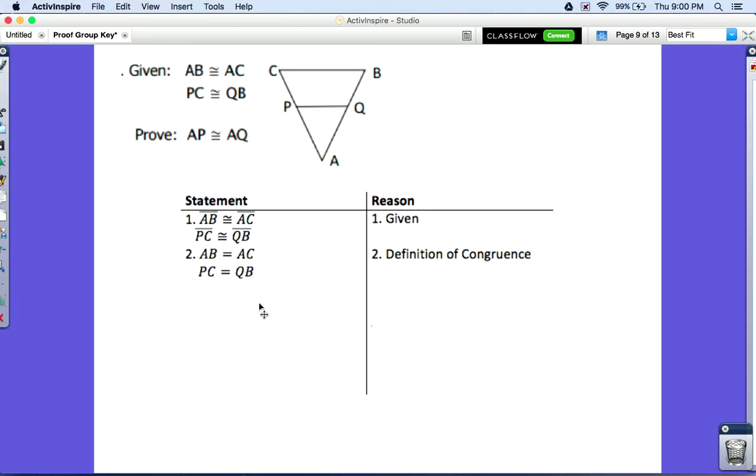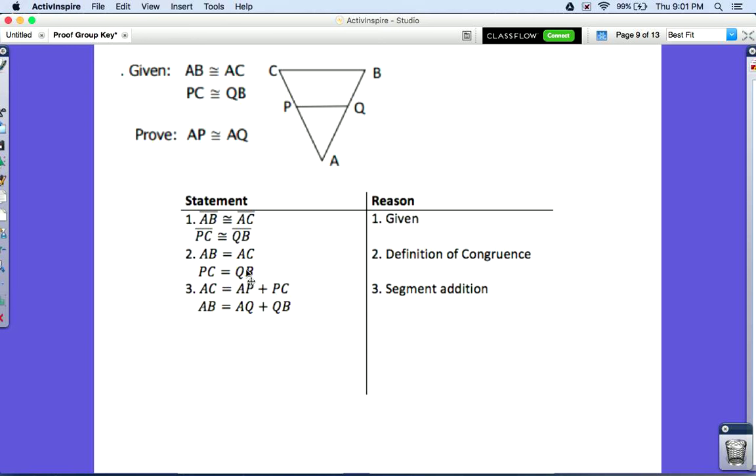So we can say that AC equals AP plus PC, and we can say that AB equals AQ plus QB by segment addition, which says that two parts add up to a whole.